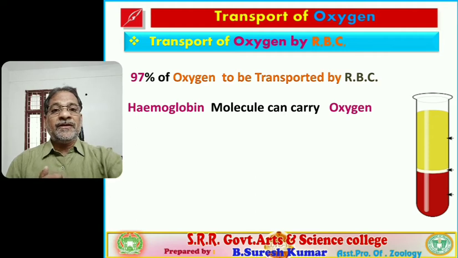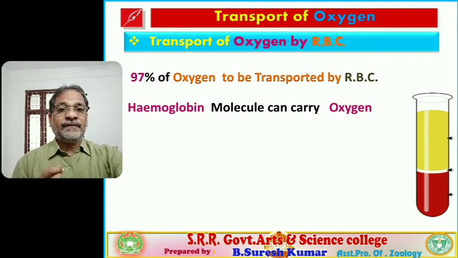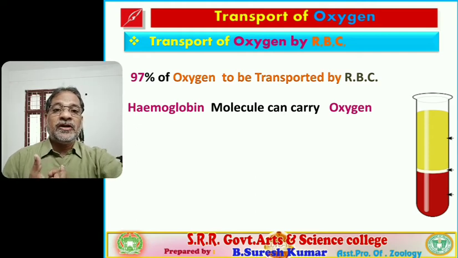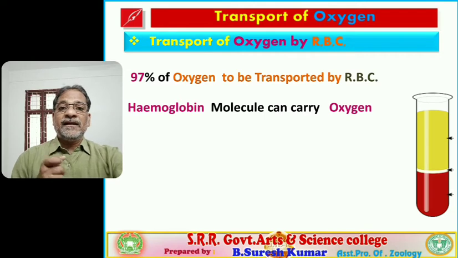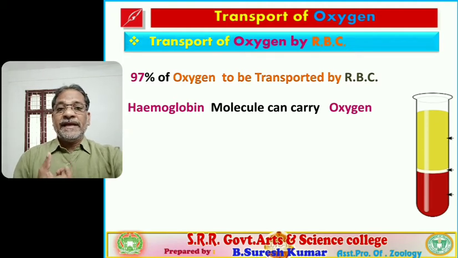How is it possible? Why? Because the hemoglobin molecule contains a metal, that is iron. Already learned. In the ferrous state, Fe2+ condition, one hemoglobin molecule contains 4 iron ions. In the state of what? Ferrous, Fe2+ status. So that iron is capable of binding with what?